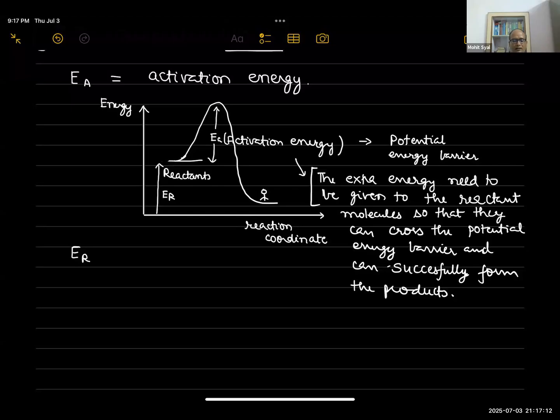And that barrier is EA, the extra amount which you need to provide. After getting this activation energy, the total energy becomes this much. This is known as ET, threshold energy, the value of the total energy.